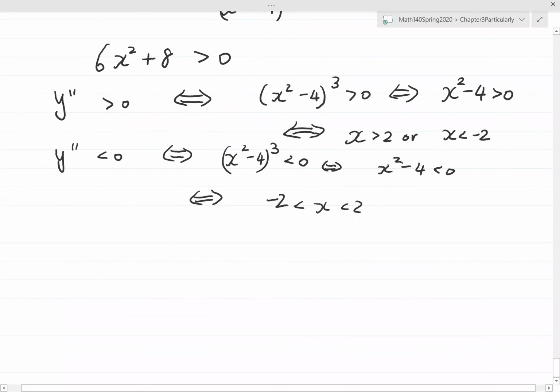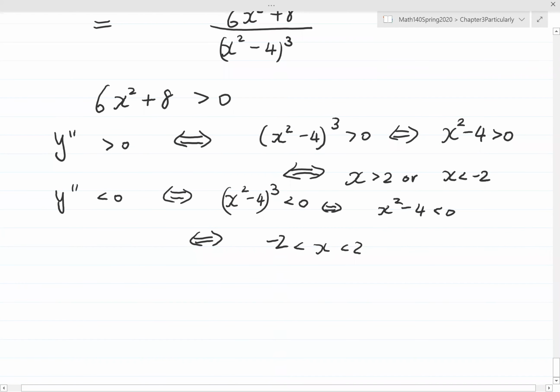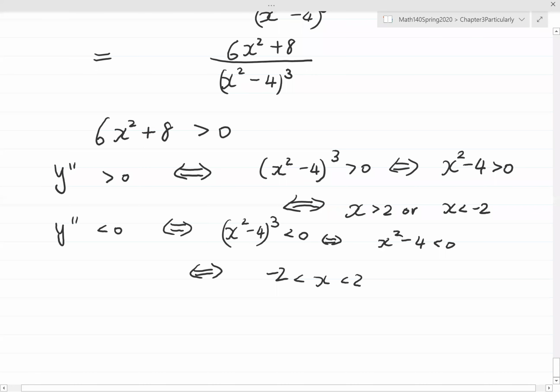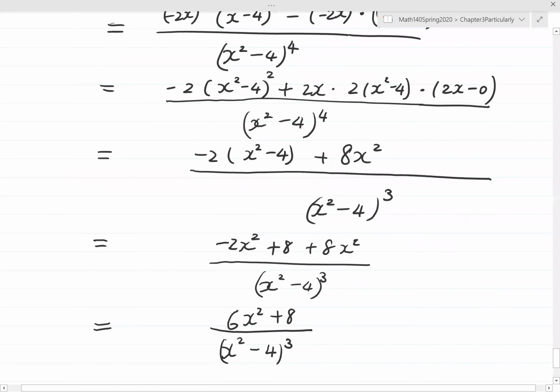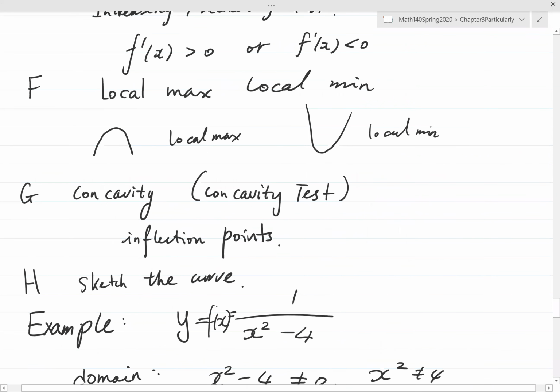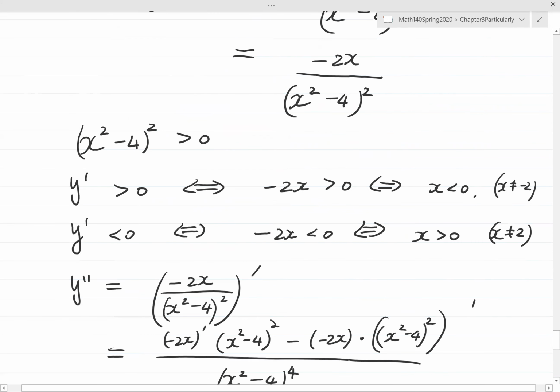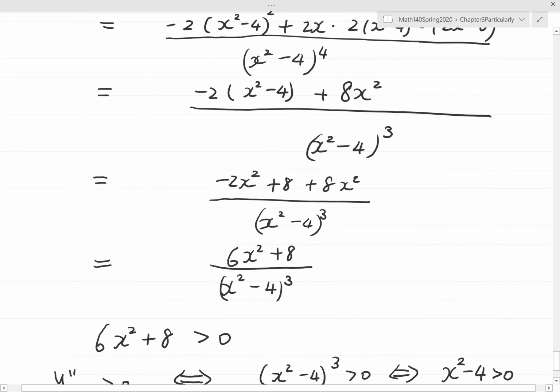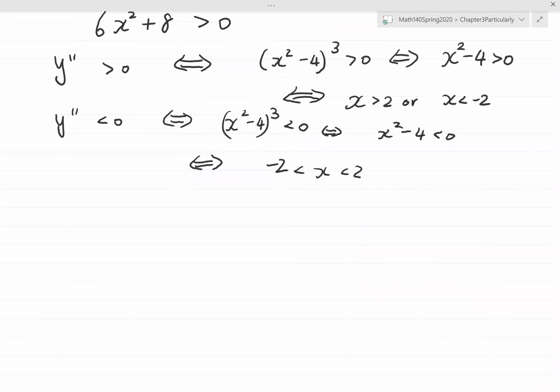Now you see the boundary values of x, it's 0 and plus or minus 2. So look at the boundary values of x in the first derivative and second derivative, and then we can come up with the interval notation.